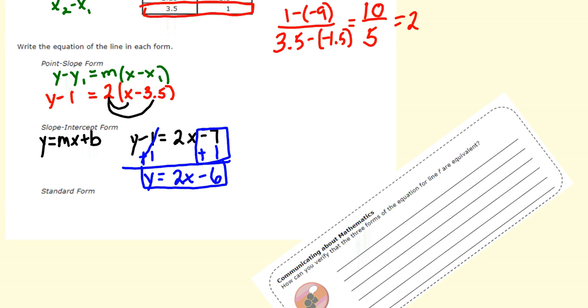And last is my standard form. My standard form is ax plus by equals c. And a, b, and c can be any rational number, but not 0. So to convert y equals 2x minus 6 into standard form, I already have my y over here, but I need to move my x.